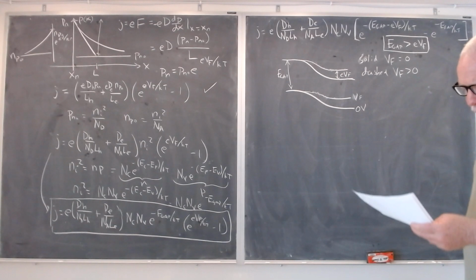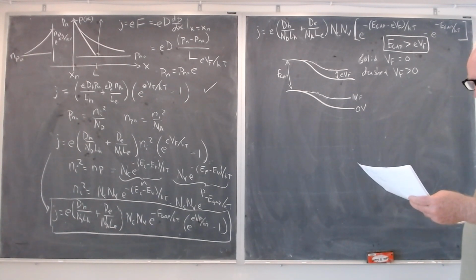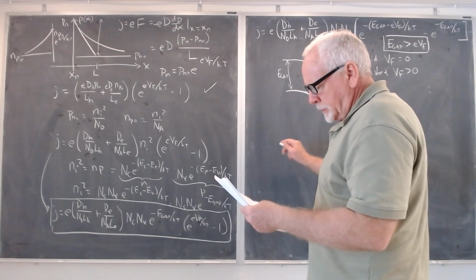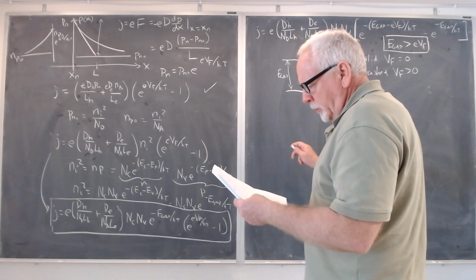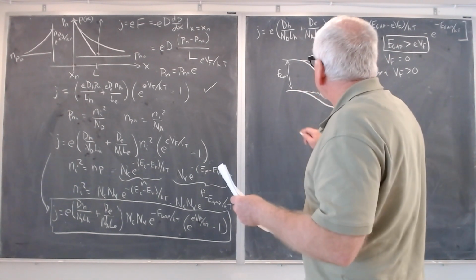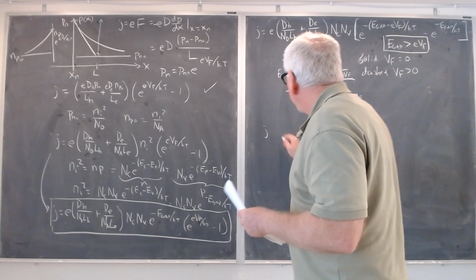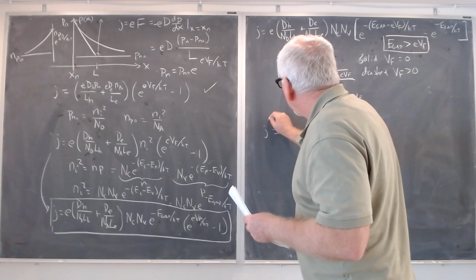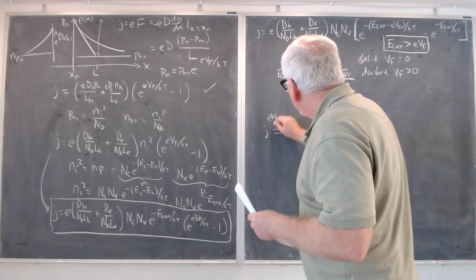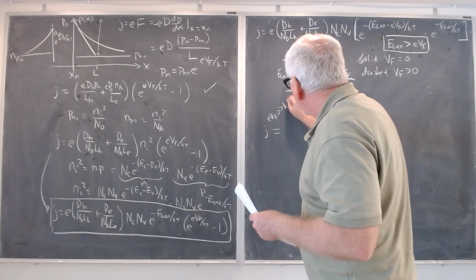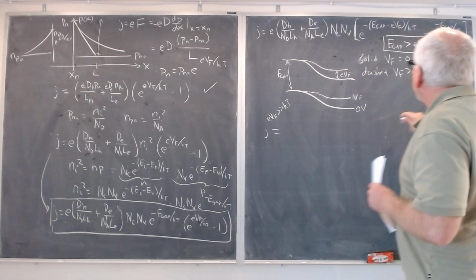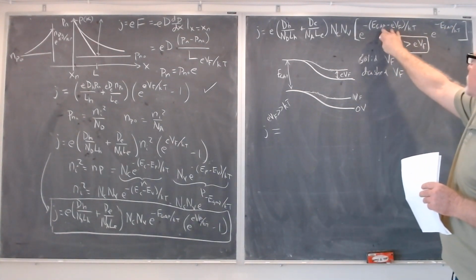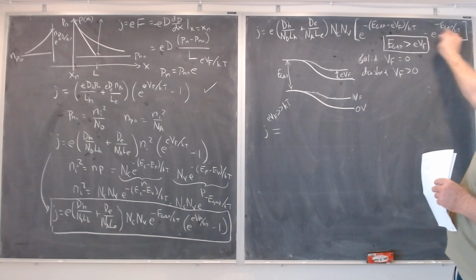That's that. Now, let's proceed and write down I. Well, first let's do J. So for J, if EVF is much bigger than KT, then this becomes much smaller than that.